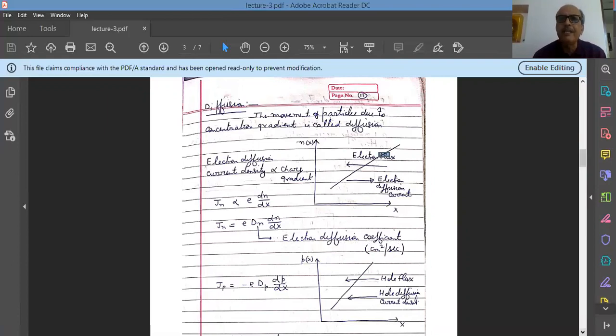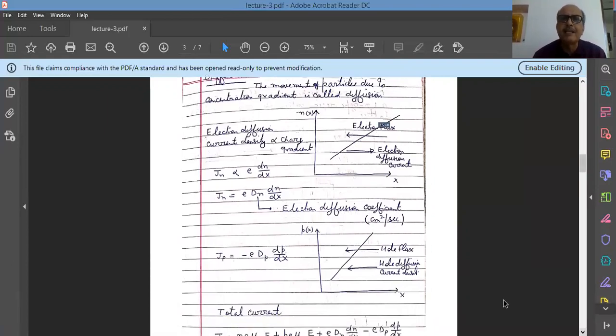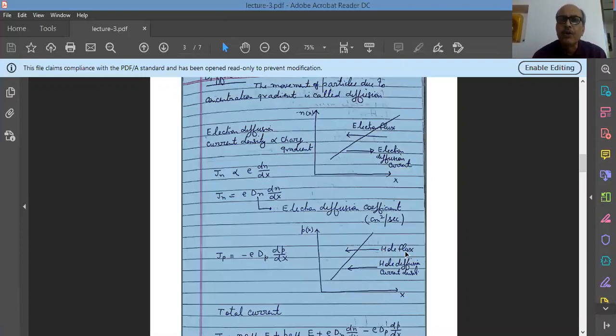Suppose we now take a positively charged hole concentration that is also increasing in the same direction. What will happen? The hole flux will also be in the same direction, because the holes will also diffuse from a higher concentration to the smaller concentration, giving rise to the hole diffusion current in the same direction, because holes are positively charged.